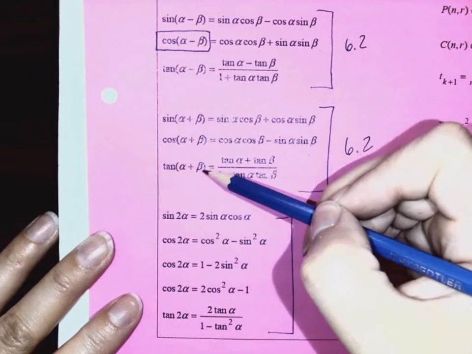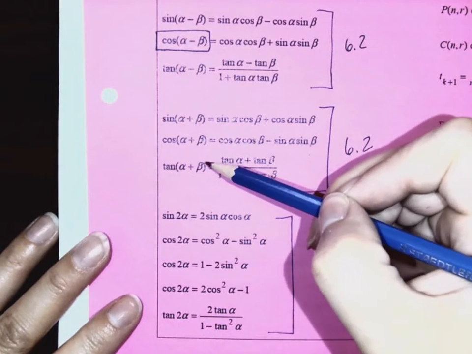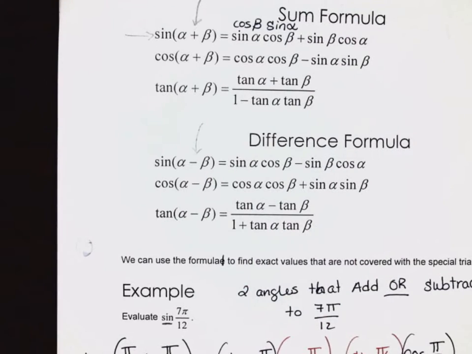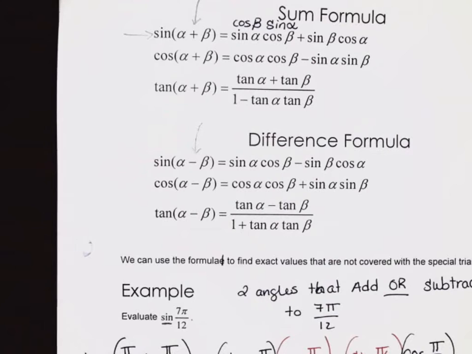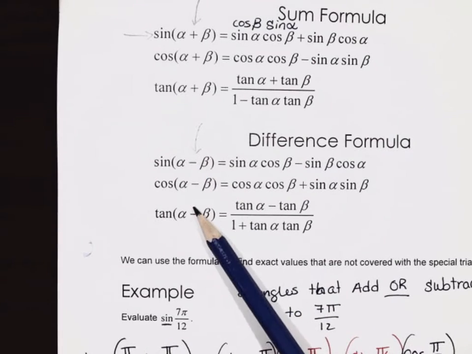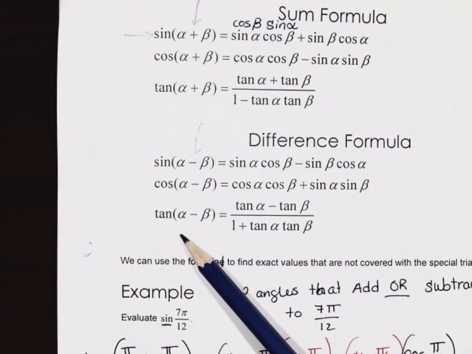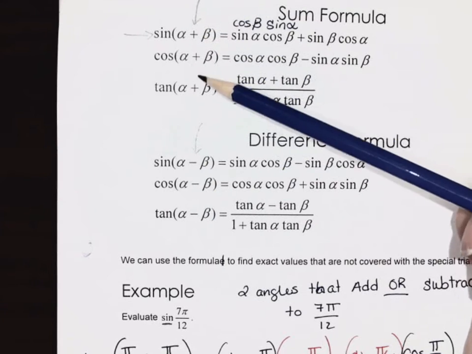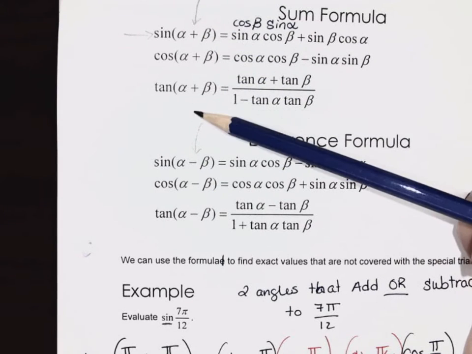Are you adding? I hope that doesn't trip you up too much. But if you're subtracting, use the formulas with the subtract on the left-hand side. If you're adding angles, use the formulas that have the adding of the angles on the left-hand side, okay?